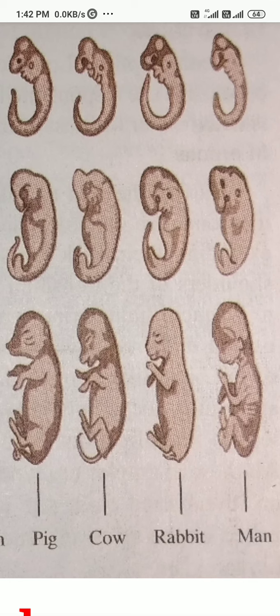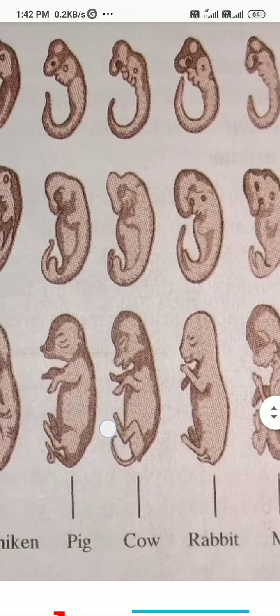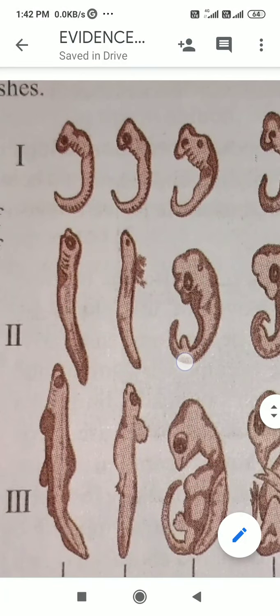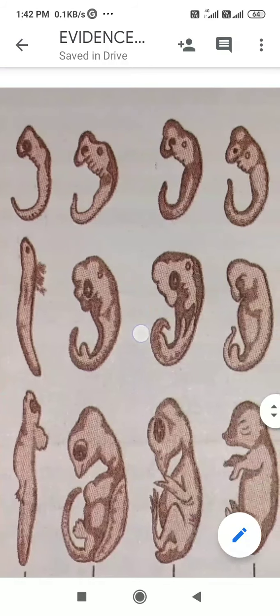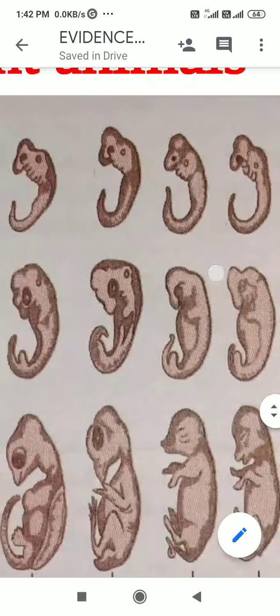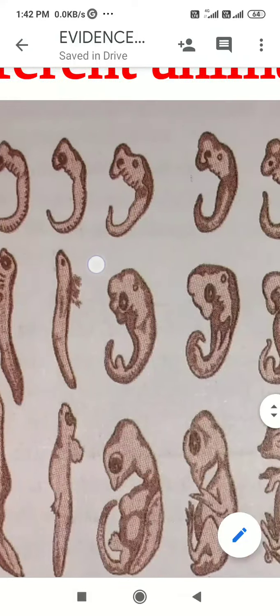And as time passes, with development of the embryo, dissimilarity appears, changes appear. In all these early developmental stages, you will find the first stage is similar in all the organisms.